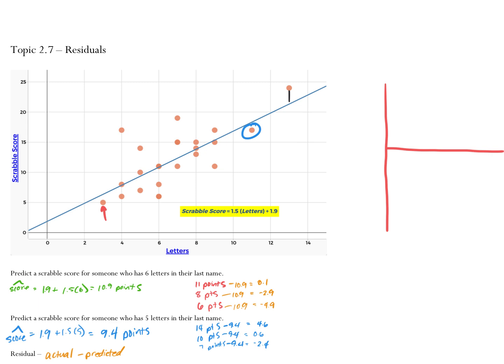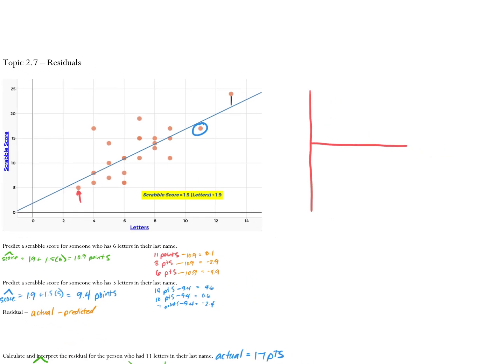Okay, so what a residual plot does is it keeps the x-axis the same, but the y-axis becomes the residual for a point instead of the actual value of that point. Everybody with me? Okay. So all of a sudden, that point that I just highlighted might be right about here.